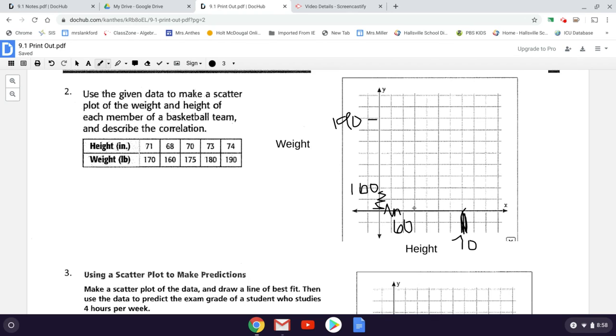So for 71 inches, you're going up to 170 pounds. 68 inches is 160 pounds. 70 is 175.